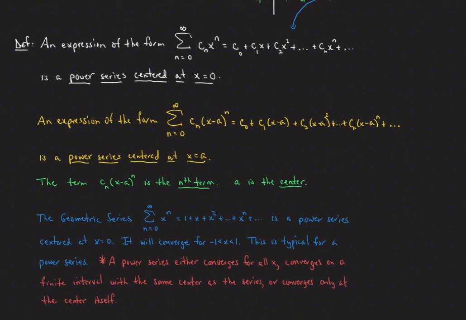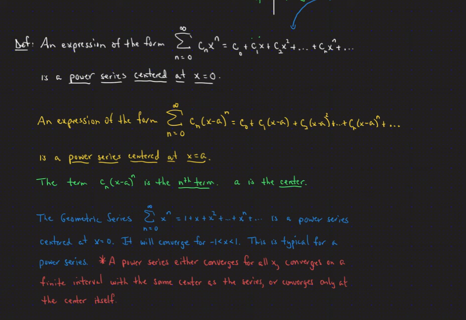On that interval of convergence. So we need a bunch of vocabulary here. An expression of the form, the sum of the c sub n x to the n, that is, when we expand it out, c sub 0 plus c sub 1 x plus c sub 2 x squared, on and on, just a number times a power of x, is known as a power series centered at x equals 0.